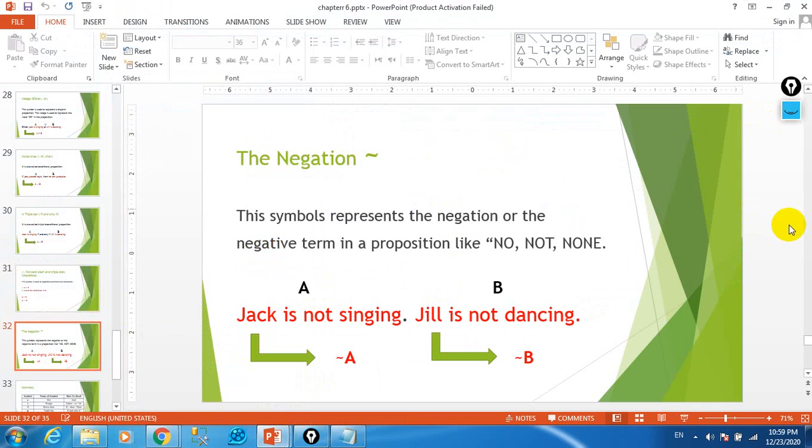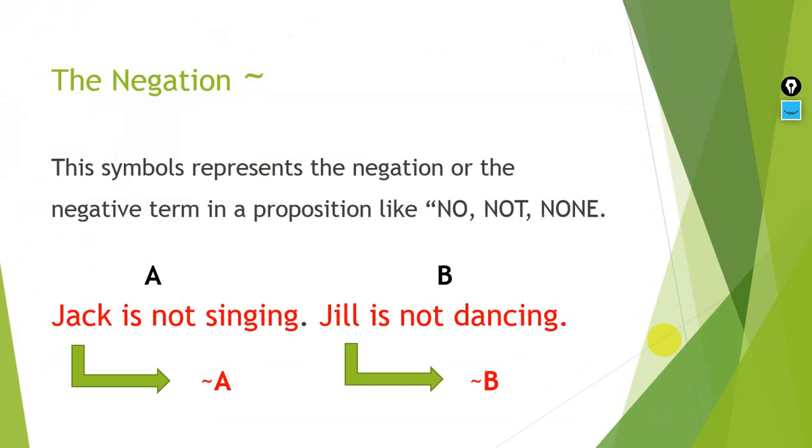Next we have negation. Negation is very easy. For example, if a statement is positive, we convert it to negative. If we have a positive proposition, negation will represent the negative statement of that proposition. This symbol represents the negation or the negative term and proposition like no, not, none.